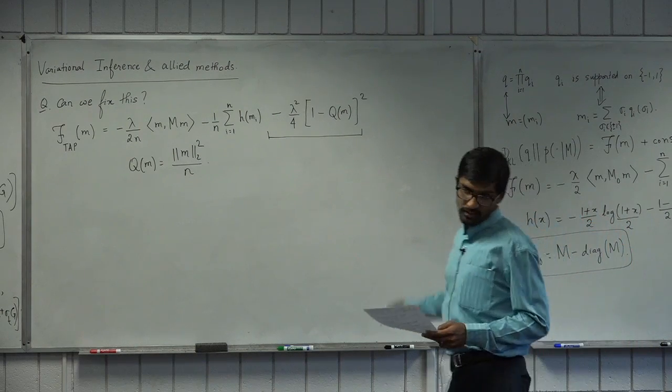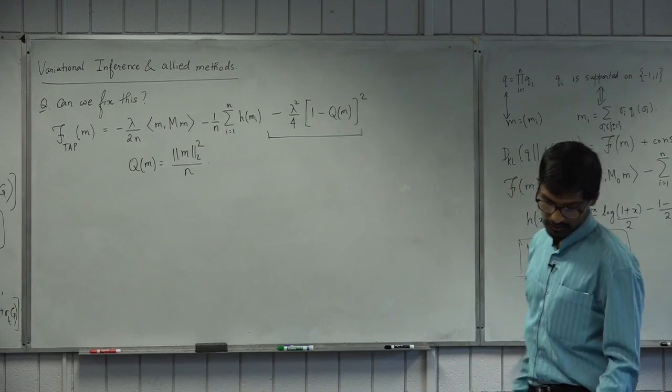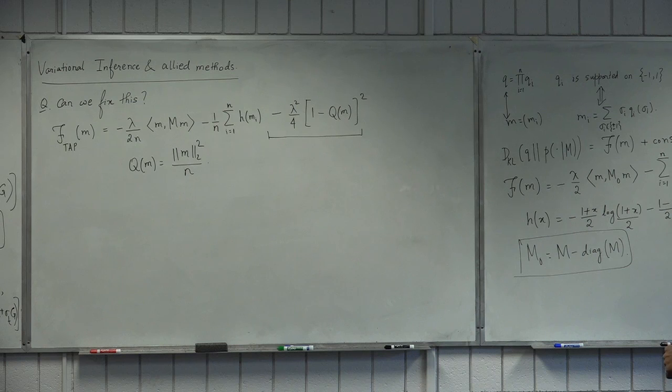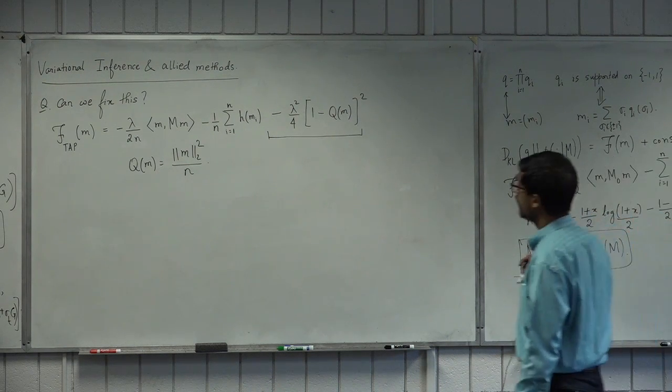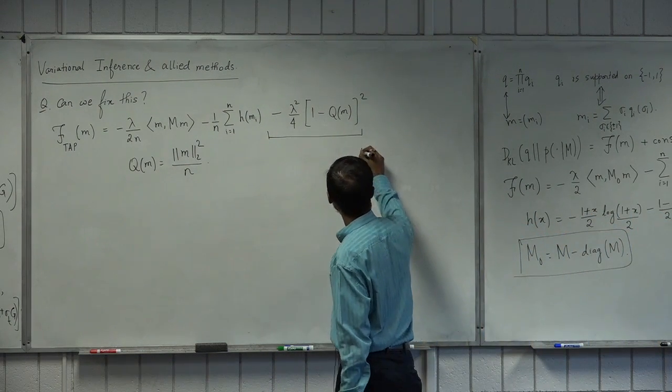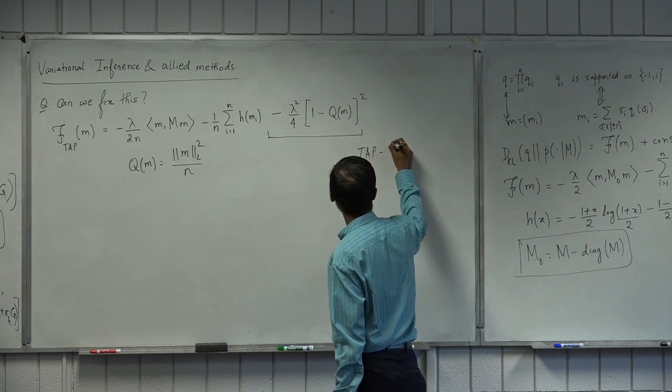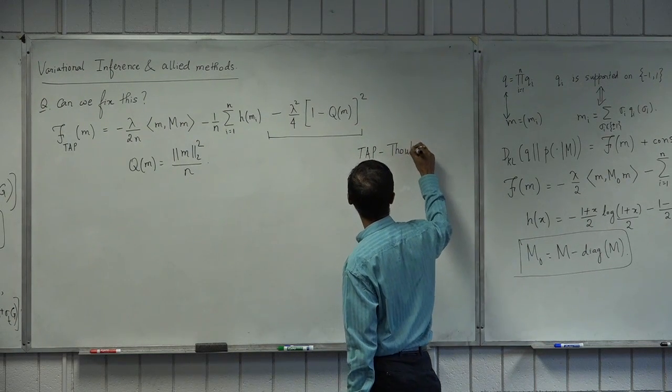So this particular form of the function actually comes from a long line of heuristic or non-rigorous results in statistical physics, but which are extremely deep and sophisticated. So the TAP here stands for Thouless, Anderson, and Palmer.